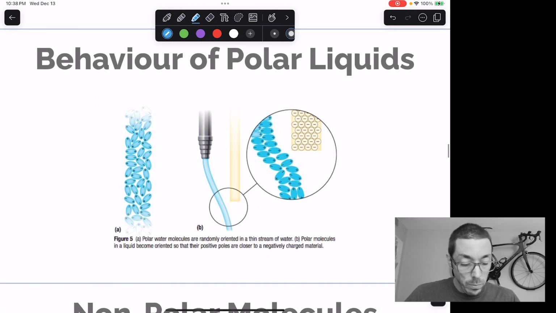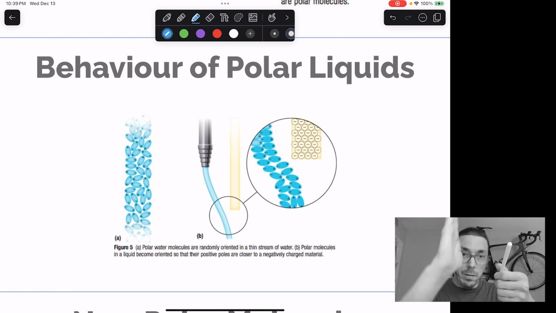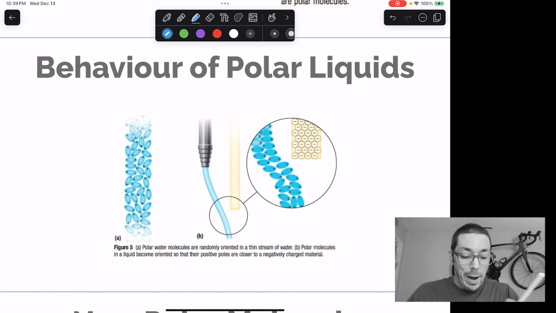If you rub some sort of wool sweater or something fuzzy on a plastic hairbrush and charge up that hairbrush, and you get a skinny stream of water coming out of your tap and bring the brush close to the water stream, you'll notice that it starts to curve and be attracted toward the brush or the piece of plastic.